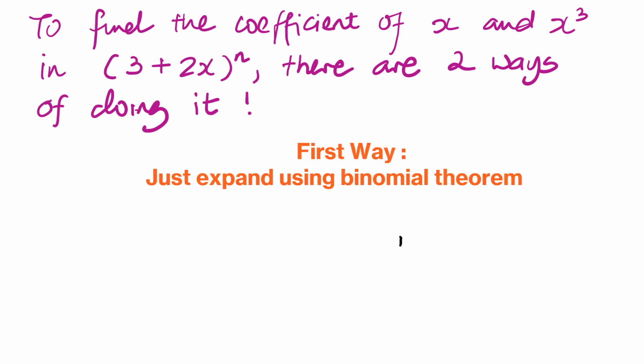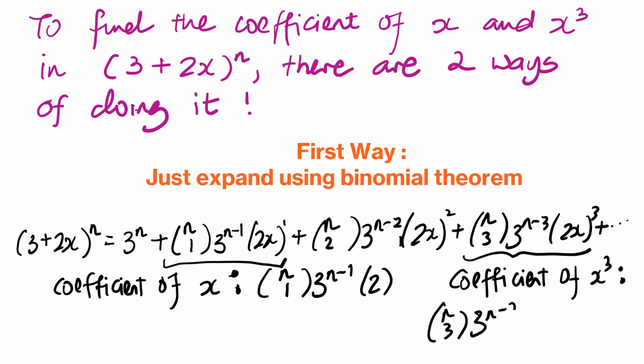We just expand up to the x cubed term, and then you just extract the coefficients of the x term, which is stated there. And then you also take the coefficients of the x cubed term, which is also shown on the white screen. So this is the most direct way of doing it lah. It's just expand it.